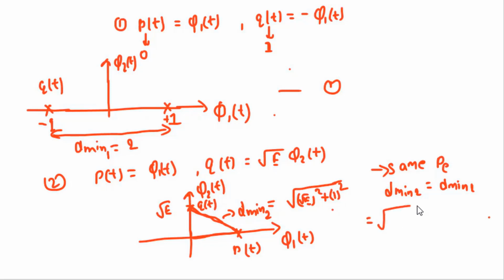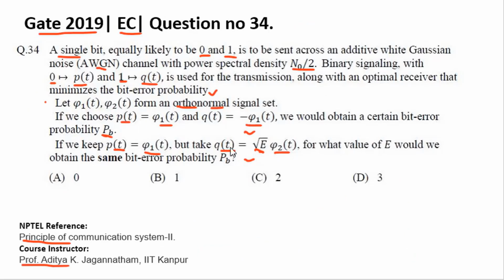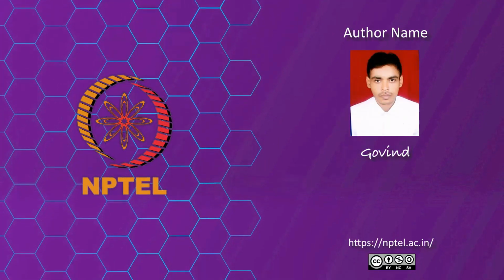So you can write E plus 1 equal to 4, and E equals 3. So the correct answer for this question is option D.